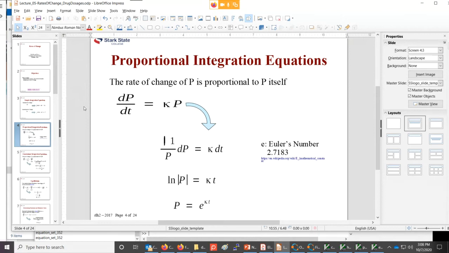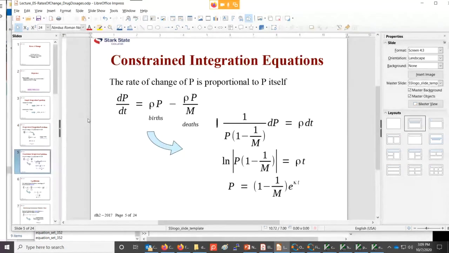But in reality, such a population growth can't be maintained, right? So this is unconstrained growth. So the book uses the term unconstrained growth, where as it gets bigger, it gets bigger faster and faster. There's nothing that's ever going to stop it.